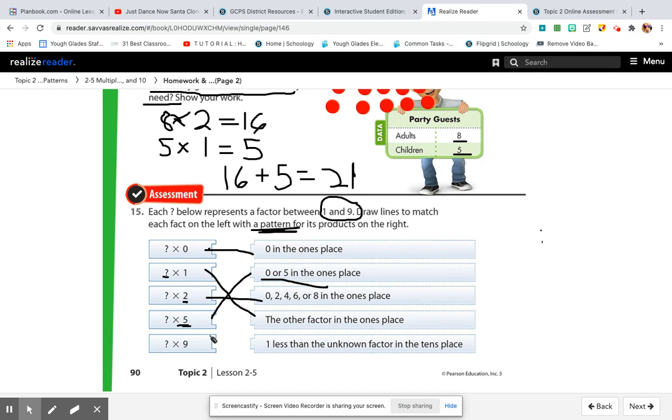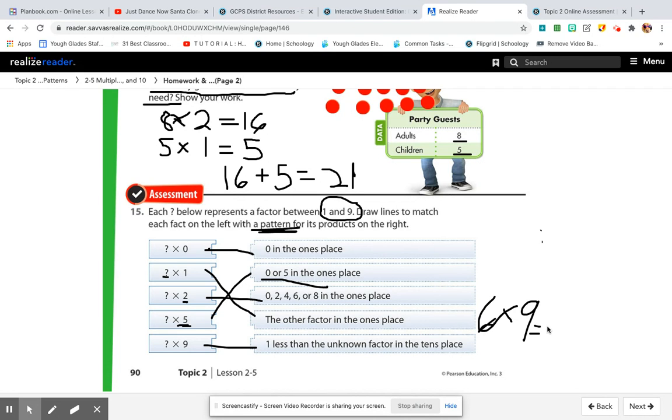And that leaves you with our last connection. 1 less than the unknown factor is in the tens place, meaning if this was 6 times 9, for instance, I will take 1 from 6. I know that my first number here in my product in the tens place is going to be 1 less than 6.